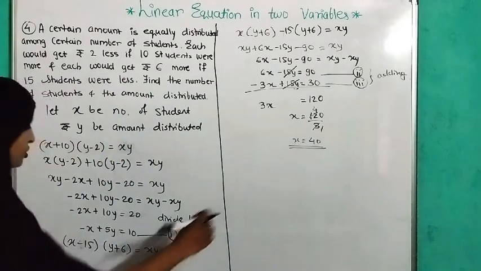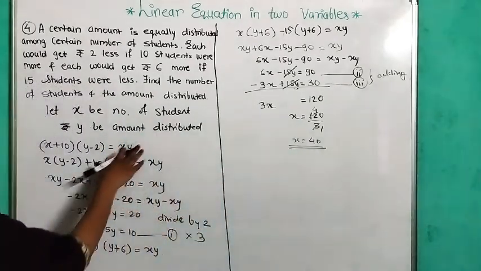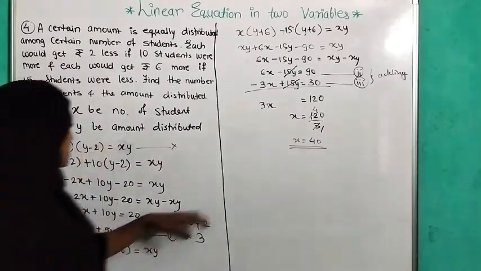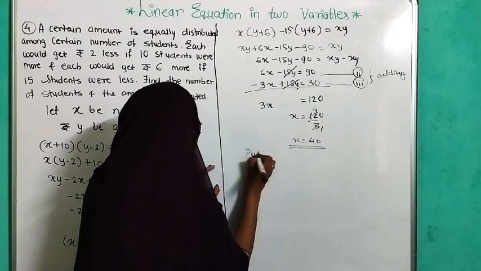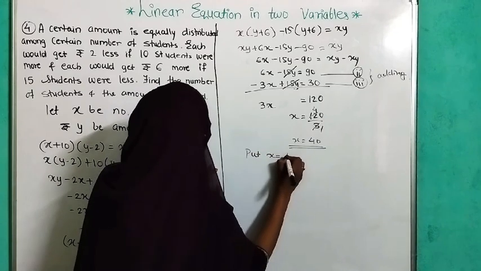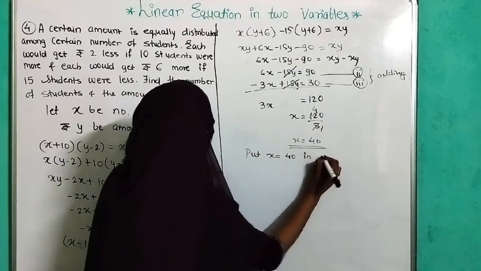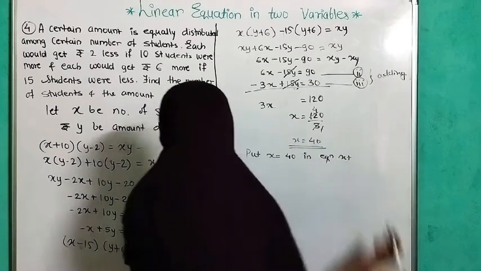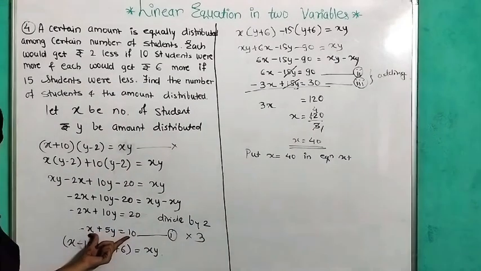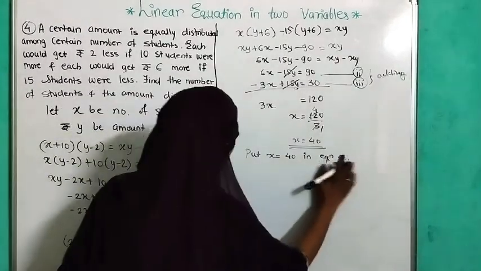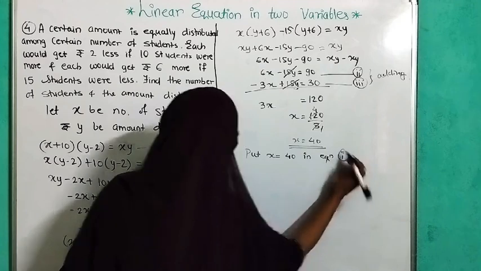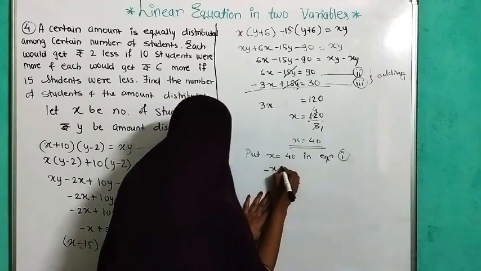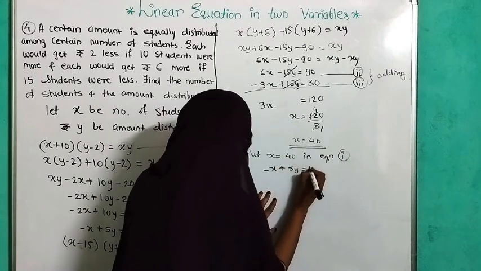Then we substitute this value in equation number 1. Put x equal to 40 in equation 1, which is minus x plus 5y is equal to 10.